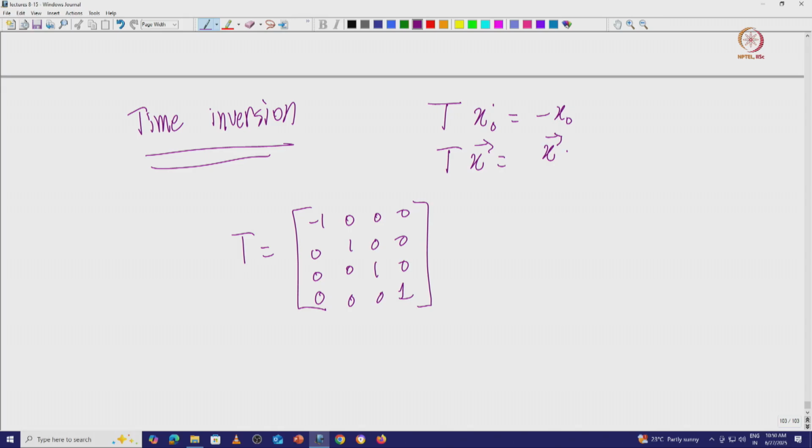Of course, it satisfies the condition T transpose G T is equal to G. So this is called time inversion.